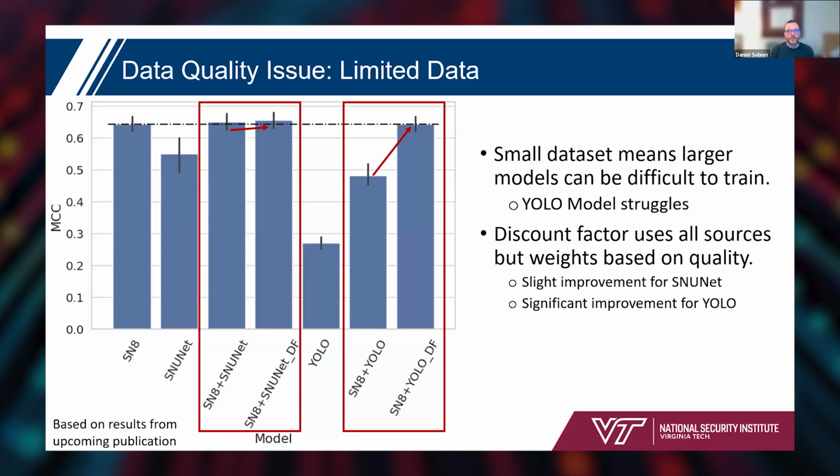Yeah, and I think that one's a little more difficult to deal with. One of the questions I had too was, why bother keeping the YOLO model in this at all? I was really surprised that using the discount factor made up for that gap in performance.